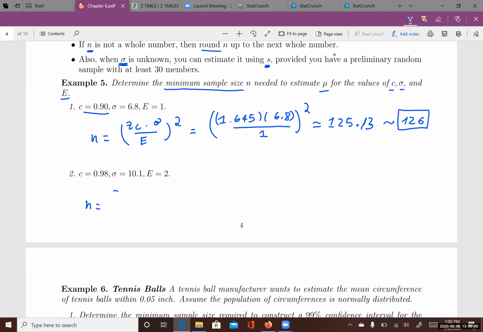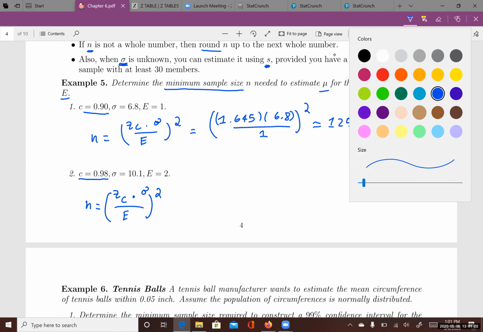Again, for the second problem, when C is 0.98, sigma is 10.1, E is 2, then the minimum sample size N should be ZC times sigma divided by E, all squared. Now we need to find what ZC is here. That corresponds to 98%.